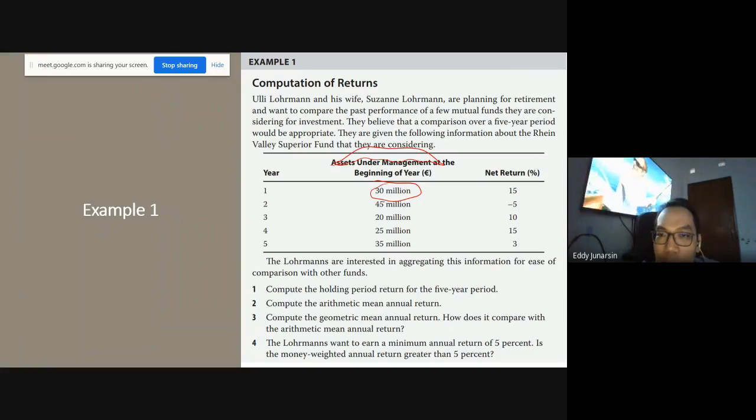Then the next amount of money is 45 million, 20 million, 25 million, 35 million. So this is the amount of AUM. But we got information also about return. The return, the first year we got 15%, then minus 5%, 10, 15, and 3.